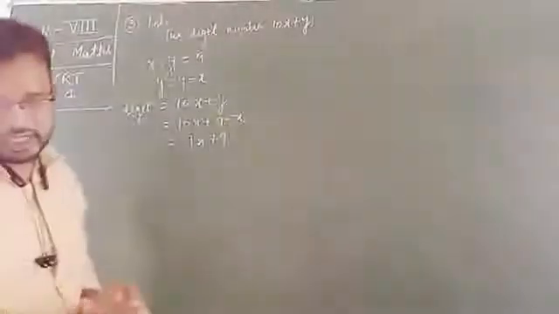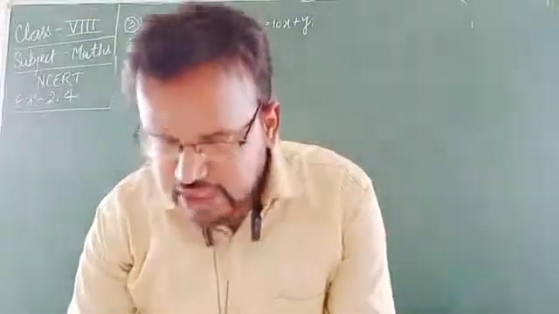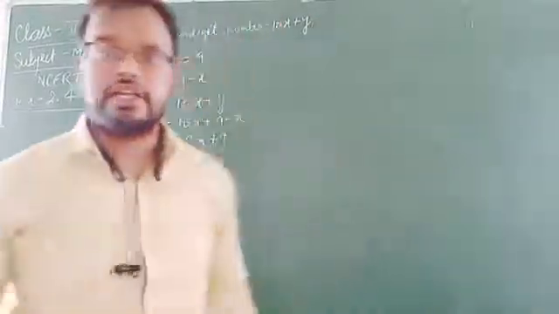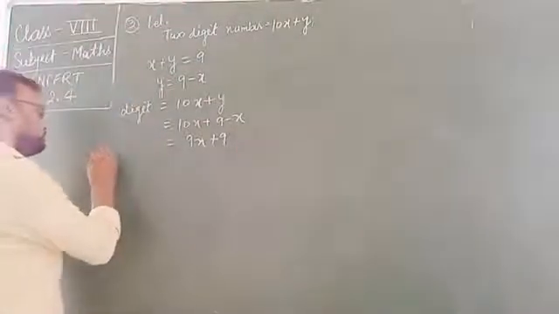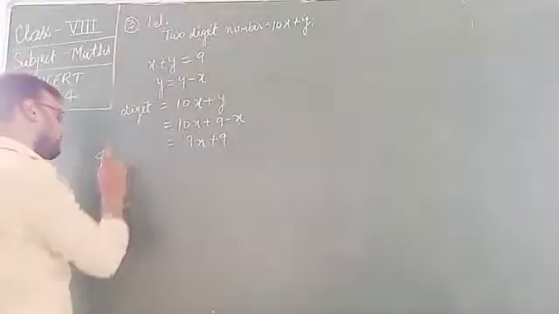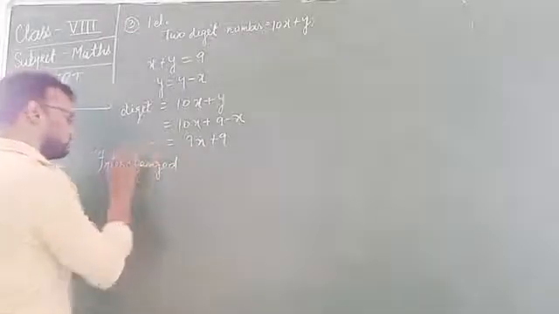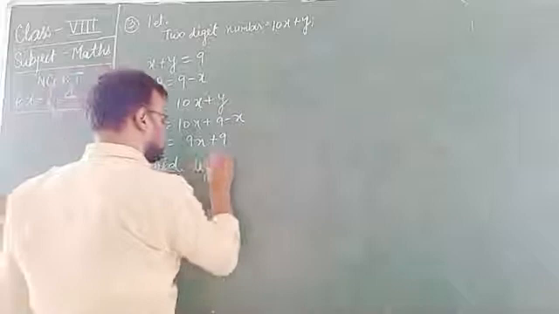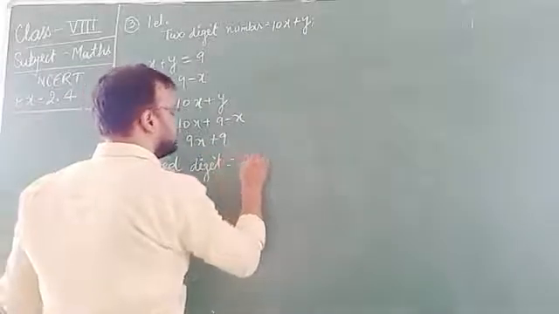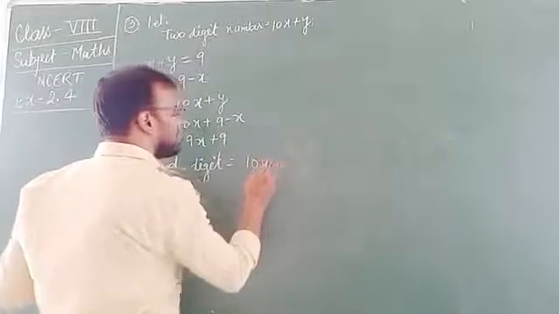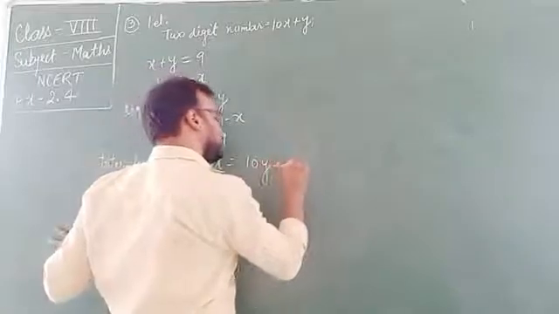And now again the question is saying that when we interchange the digits, the number equals 10 times y plus x, so at the place of x it becomes y, and y becomes x.